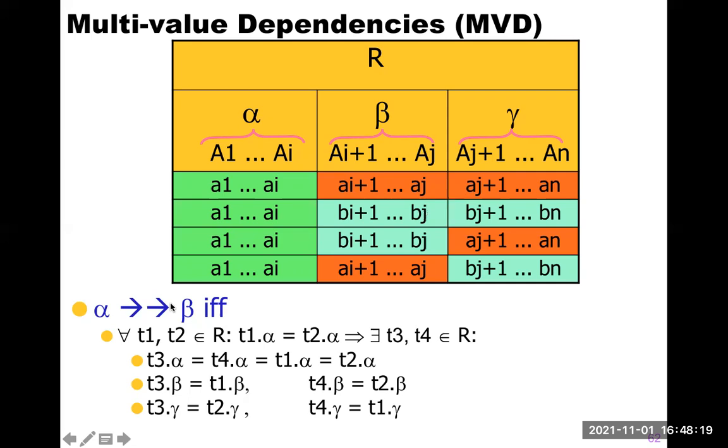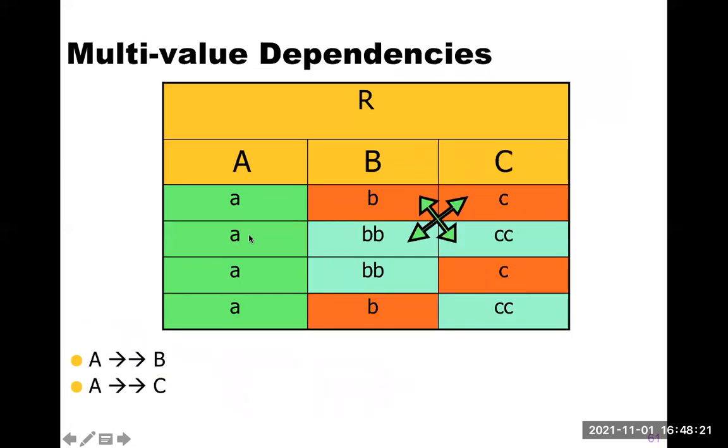So multi-value dependencies are only for two groups of columns on the right side of the dependency, and both of them need to be dependent. So anyway, if I have A on the left side and two groups B and C, multi-value dependency is that B multi-value depends on A, and at the same time C depends on A. So it's not possible that B depends and C does not.